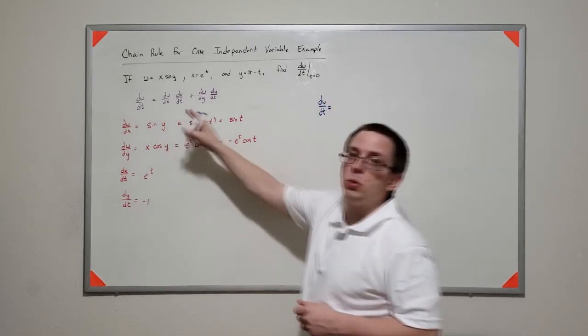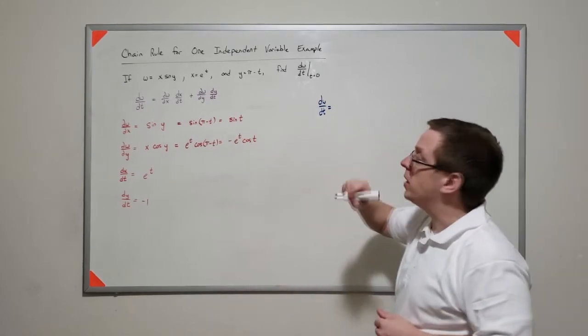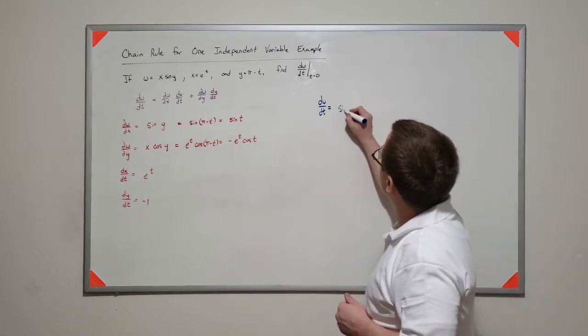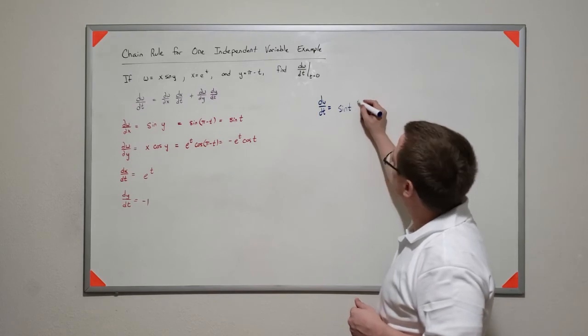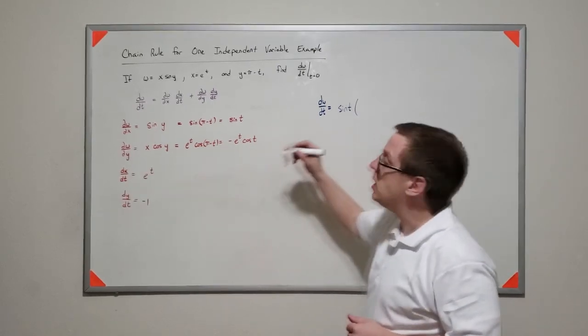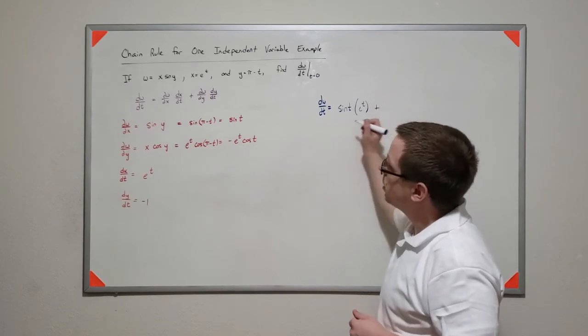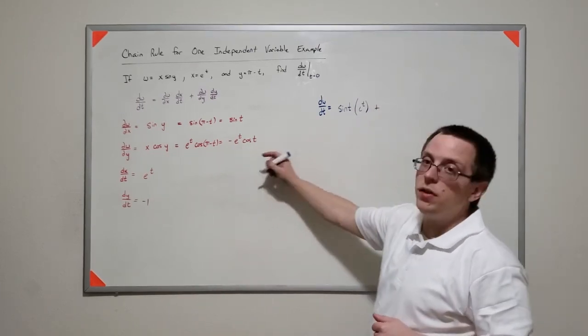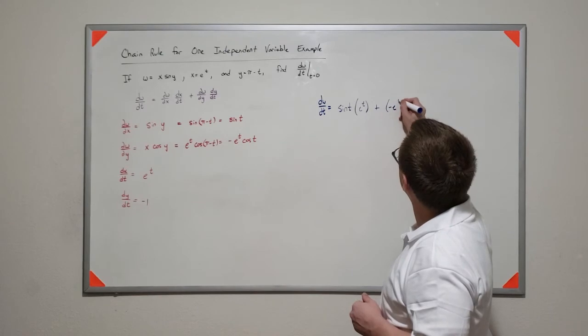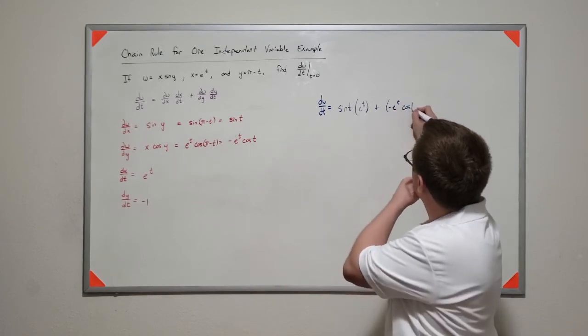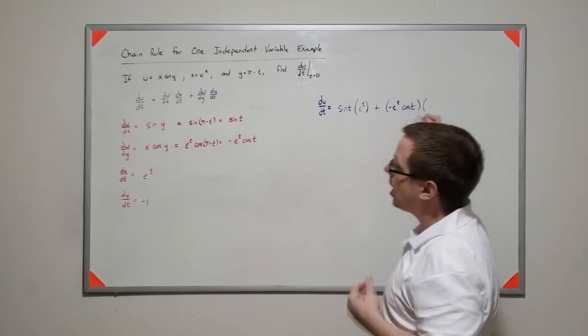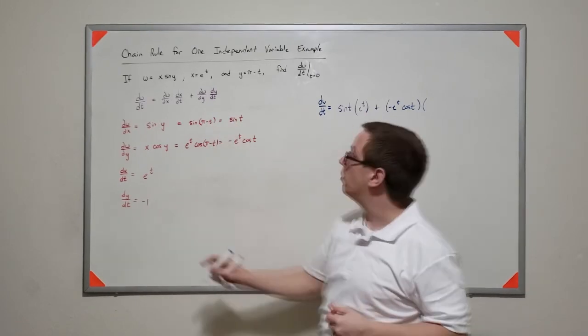So we need the derivative of w with respect to t. We get sine of t times e to the t plus negative e to the t cosine t times negative 1.